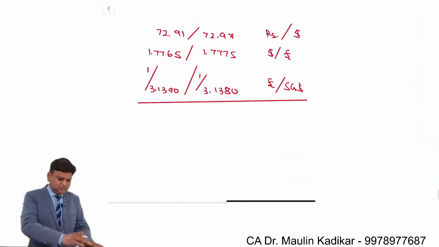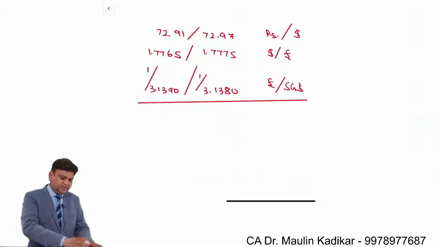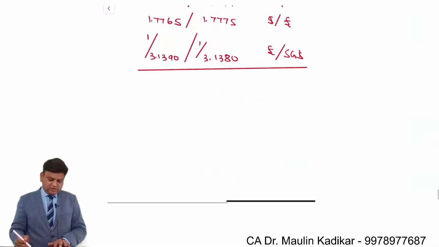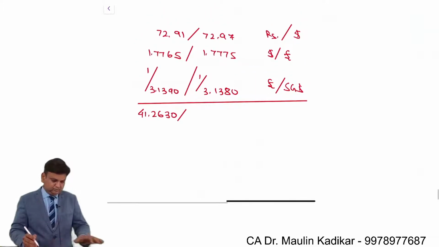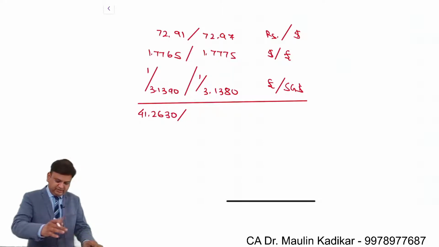So over here 72.91 into 1.7765 divided by 3.1390. So 41.2630 slash 72.97 into 1.7775 divided by 3.1380.